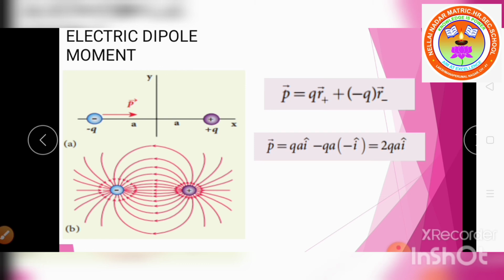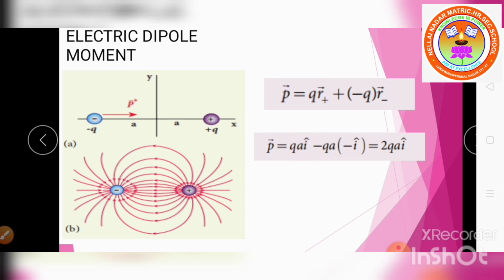For the positive charge, the value is a. For the negative charge, we write minus a. The direction of the positive vector is along the positive i cap, and for the negative it is along the minus i cap.